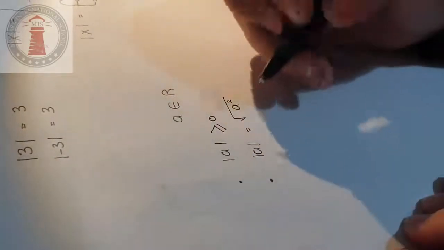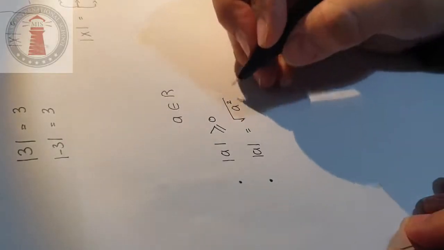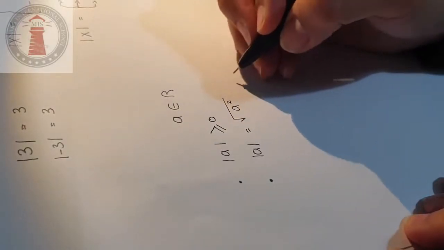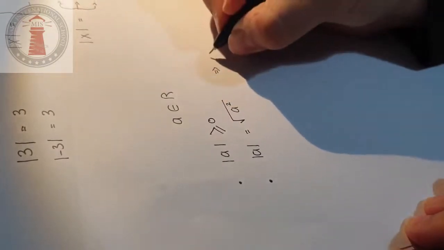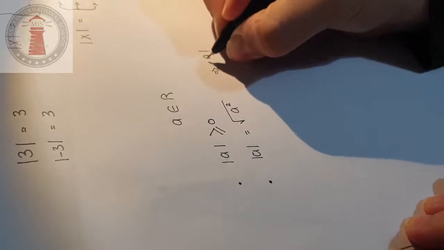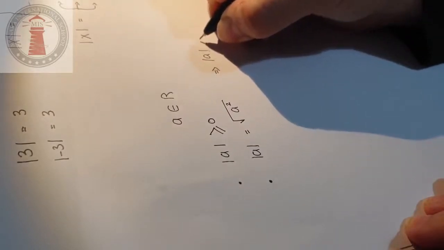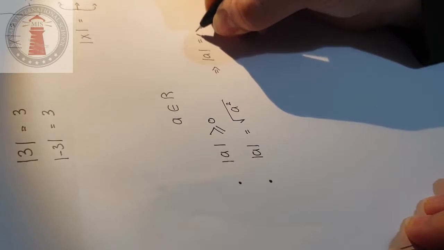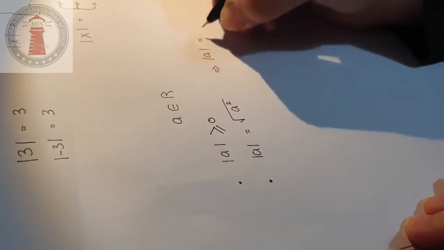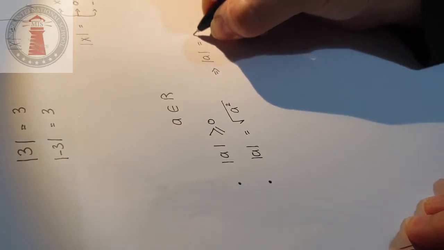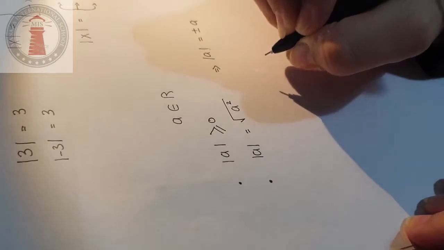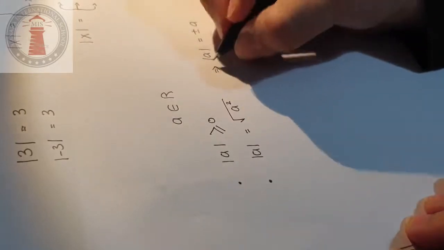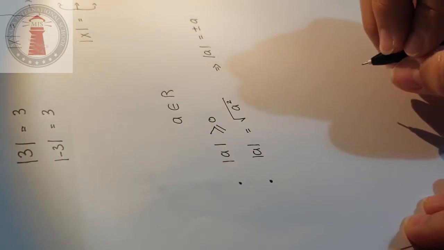This property shows you that the number inside the square root gives you the 2 solutions of positive and negative the number, which can be represented as: the absolute value of a is equal to a, but this a is either positive or negative a, and vice versa. The positive and negative a gives you the absolute value of a.